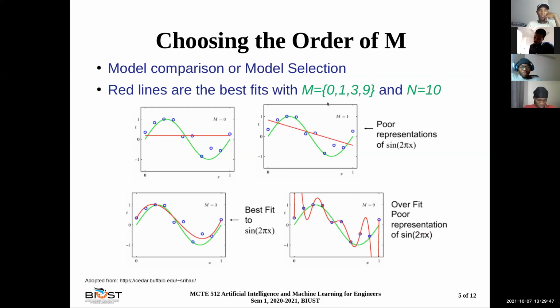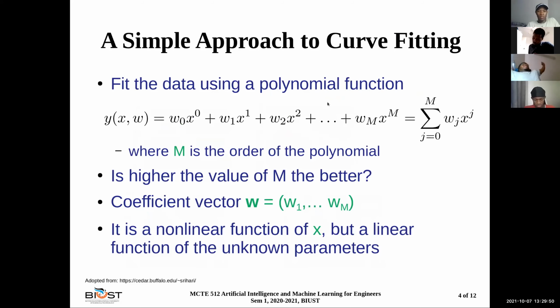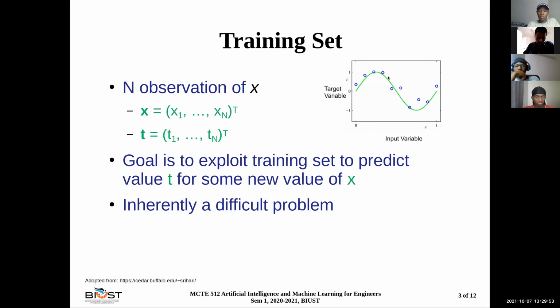In polynomial regression, what we are saying is that we want to estimate a function. Given the data points, we want a function that will give the best estimates of the behavior or characteristics of the data points. In our case, these data points are generated artificially, based on a sinusoidal function with some noise added.